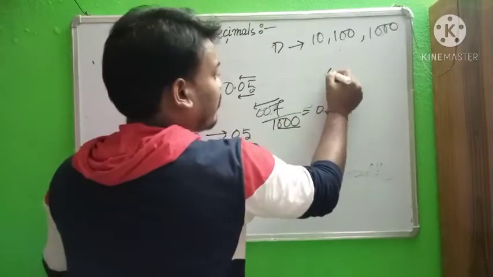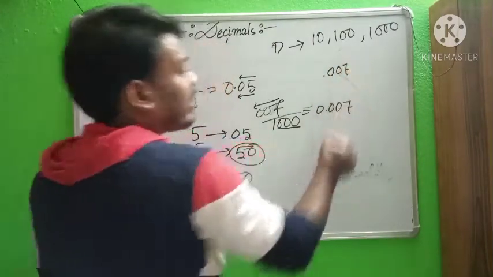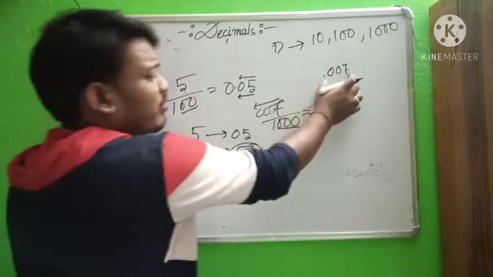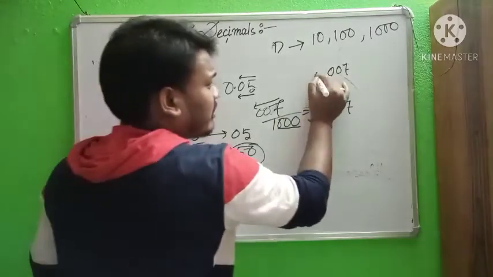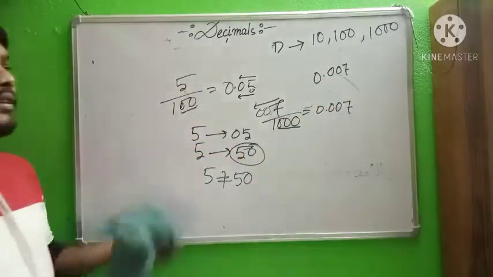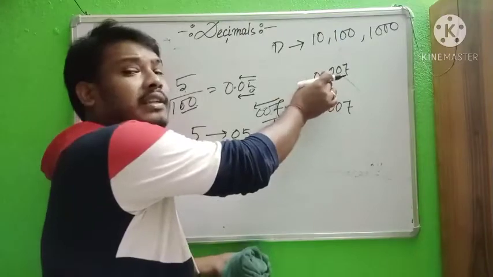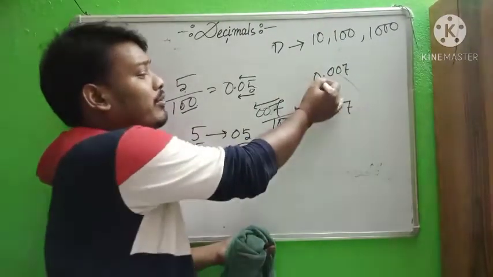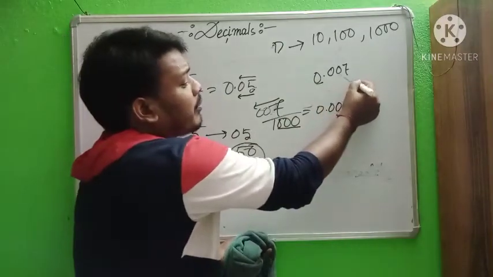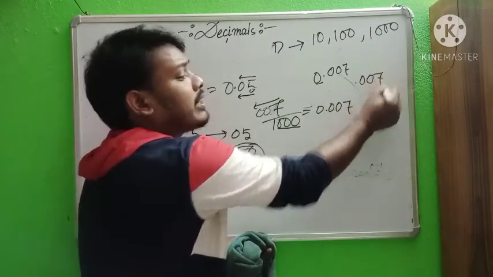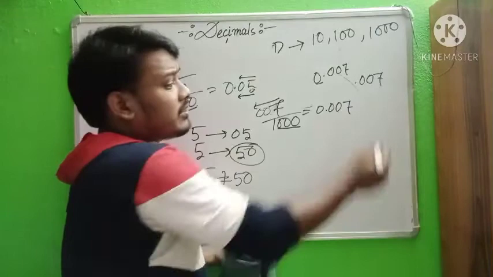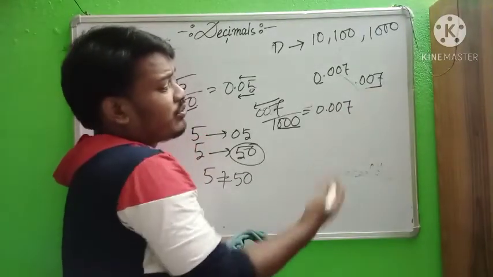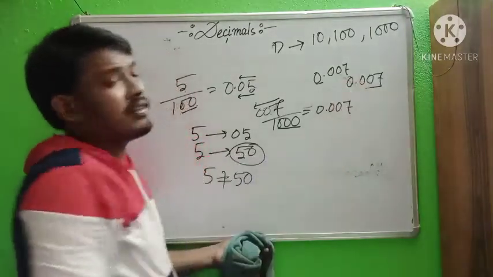If you write .007, then it is also correct, but it does not look good. That's why we put 0 before the decimal. If we put 0 before the decimal, then the value will not change.